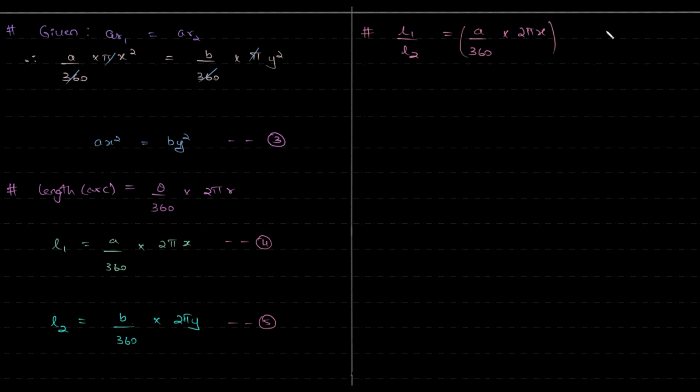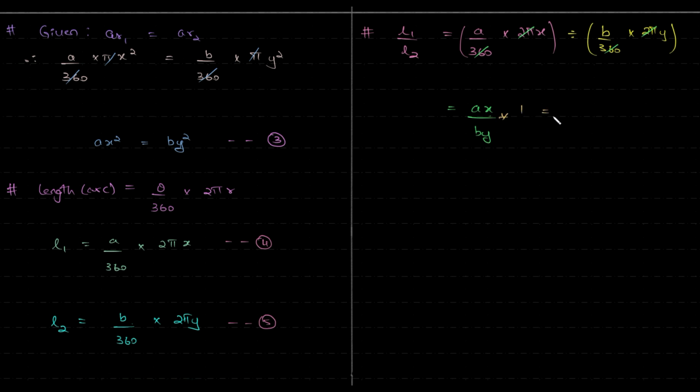And then we have divided by B by 360 into 2 pi y. And so we have 360, 360, 2 pi getting cancelled, and we have A x divided by B y. But we have A x square is equal to B y square. Okay. So I'll do something which might be a bit weird for you guys.